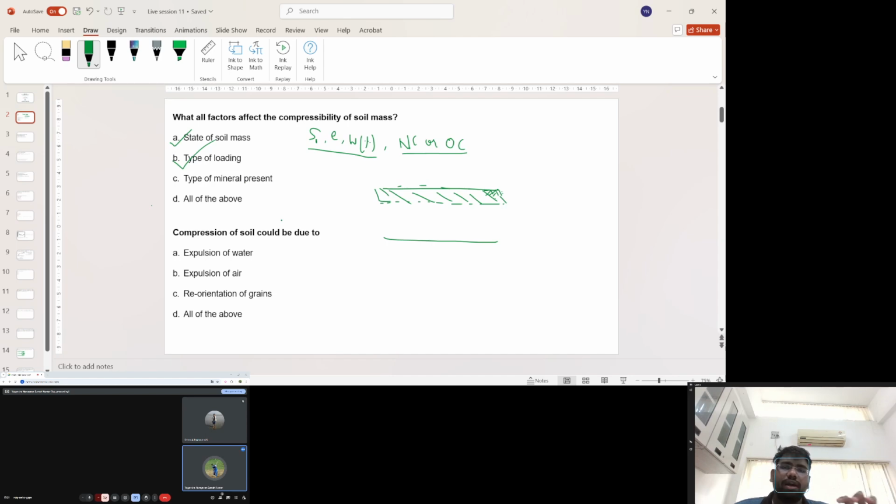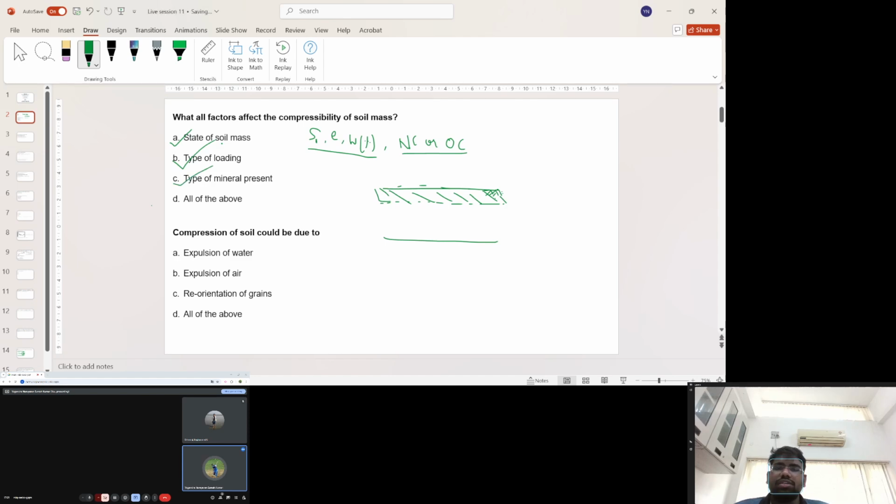But compressibility essentially is the macro phenomenon that we observe outside. The micro mechanics which governs these processes are micro level properties, or properties of the grains and the soil mass in the existing state, and these are three.